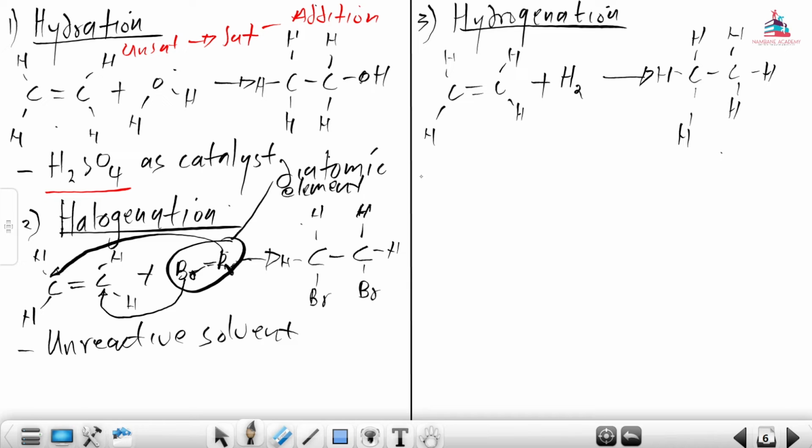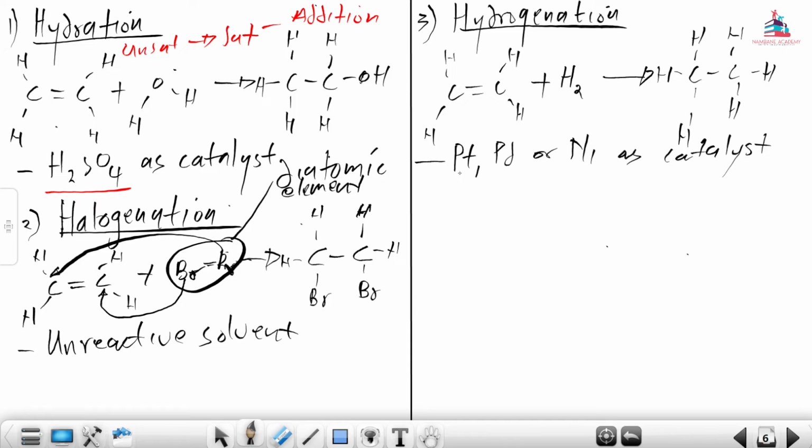Yes, we need to have either Pt, Pd, or nickel as our catalyst.